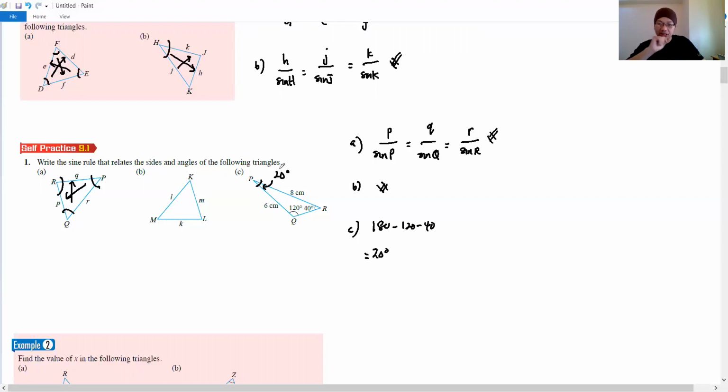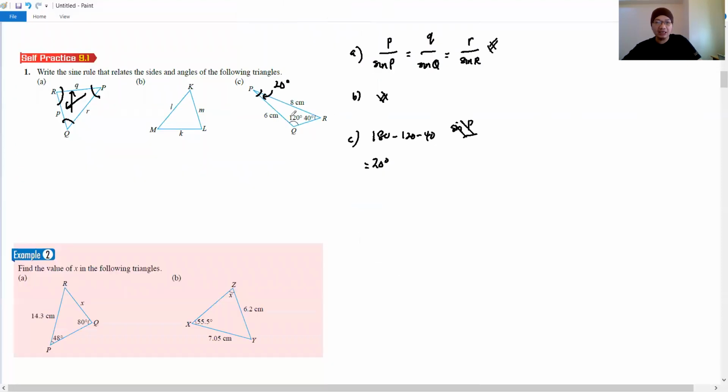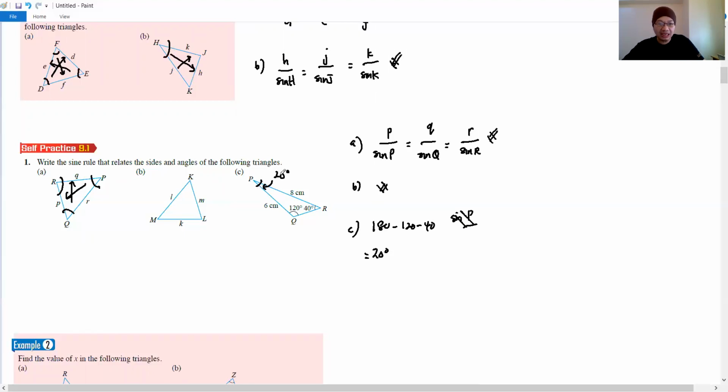That is number 1. Number 2, we want to find the relationship. So we start with P, 20 degrees. So P will relate with QR. So sine P on the top, P is 20, already given. Let's use the first formula. The P is 20 degrees, and the length opposite to 20 degrees is the length QR, but we don't have the value.